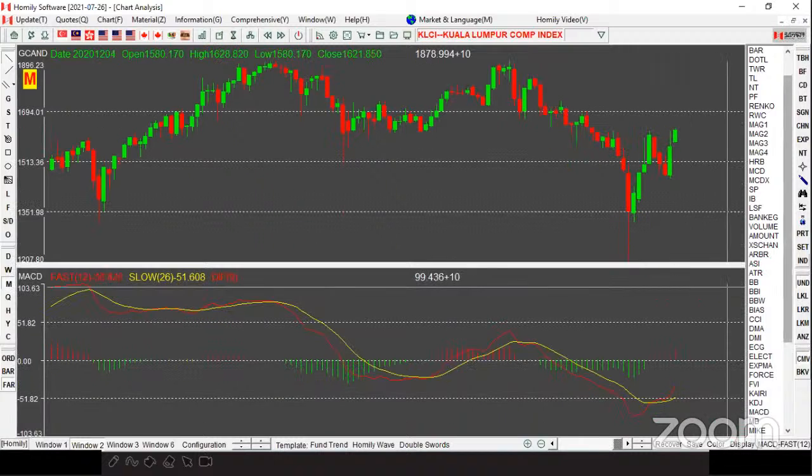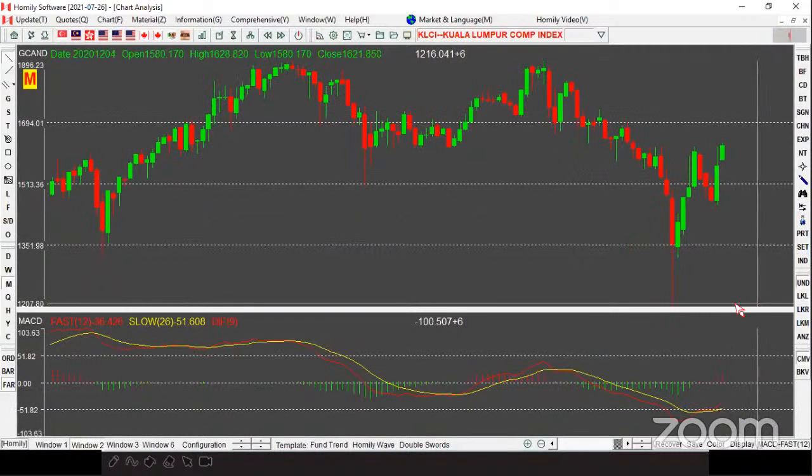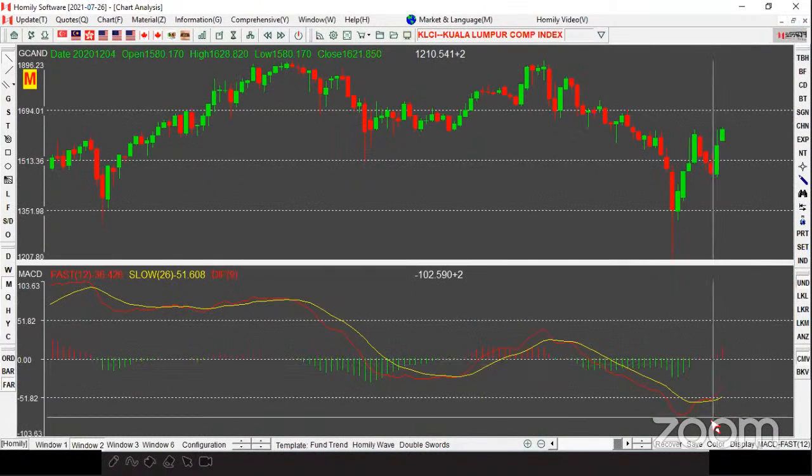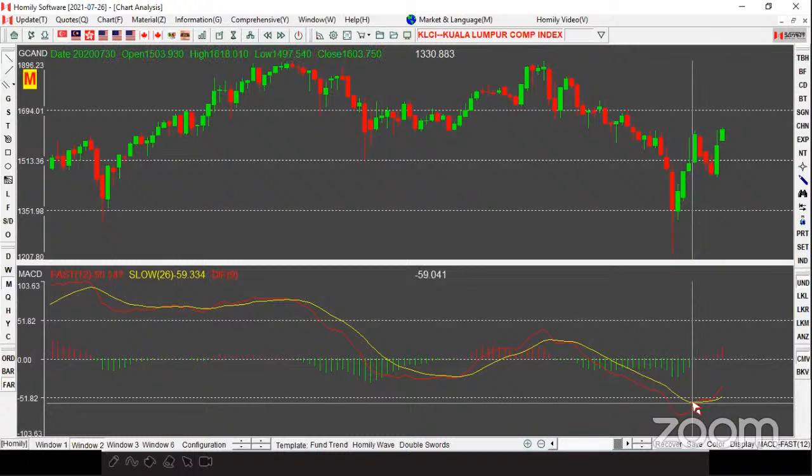So now we can see very clearly, right? MACD is in the second window over here. This is July, right? Yeah, the end of July, because this is based on the monthly chart.